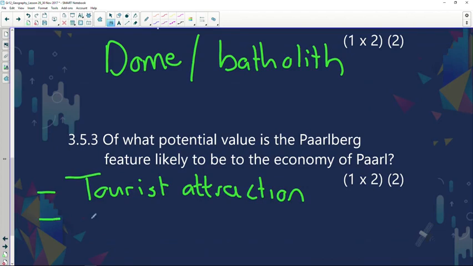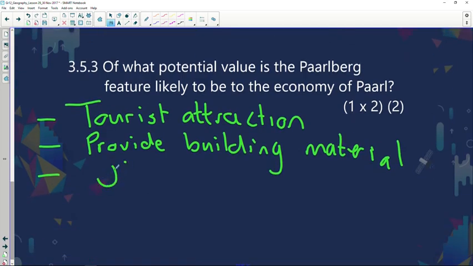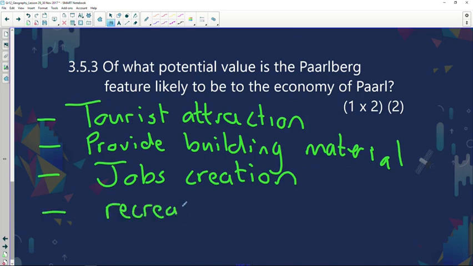It can also provide building material because it's made out of granite. And definitely, because it's a tourist attraction, it can create jobs. And we can use it for recreation purposes.